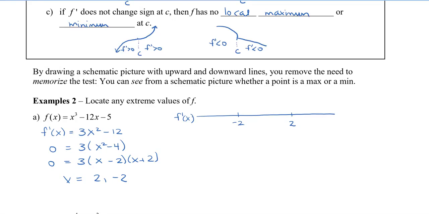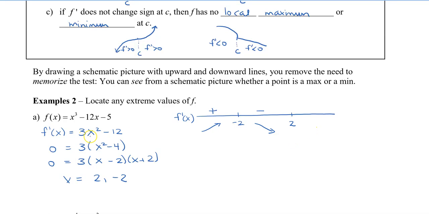And I'm going to plug these numbers into the first derivative because we want to know what the slope is. So when I plug in negative 3, let's say, into f prime here, I am going to get a positive value, and this is going to be increasing. Plug in 0 into here, I get a negative value, and I draw a downward arrow.